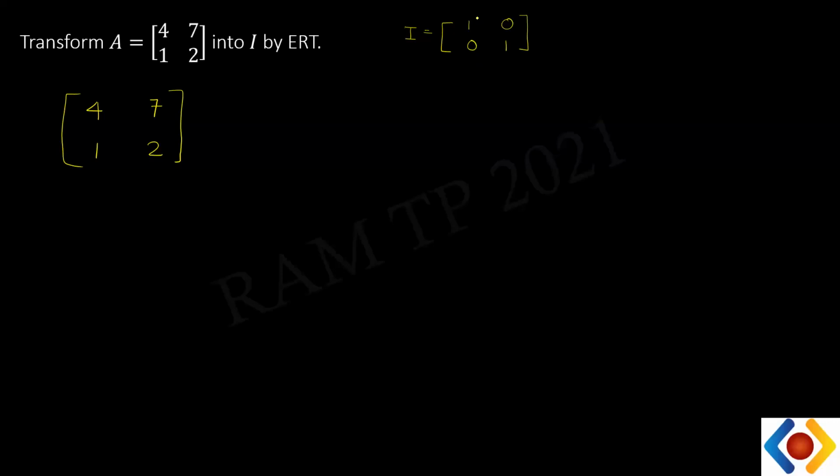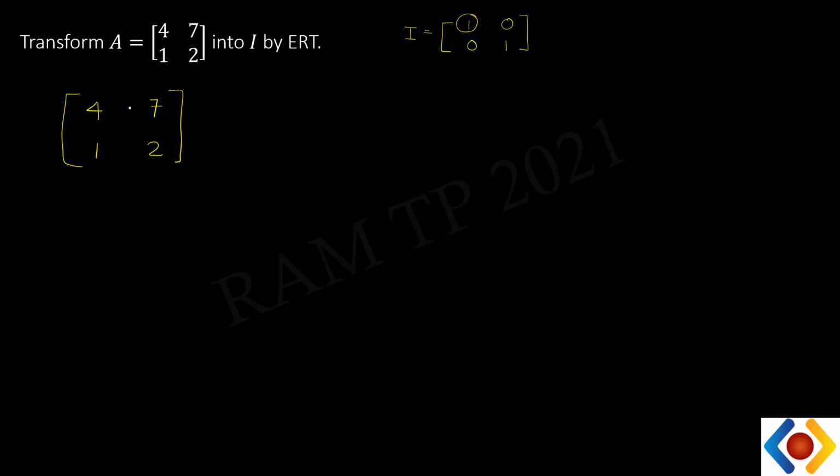One minute, what are we aiming to do? In the first step, we are trying to make this element 1. Gayatri said we divide the first row by 4, correct? Yes, sir. Is there a better way to do this?